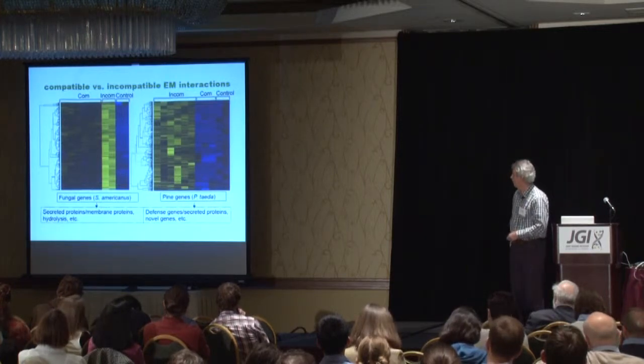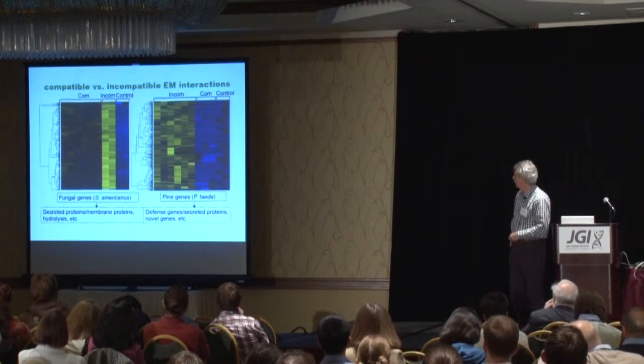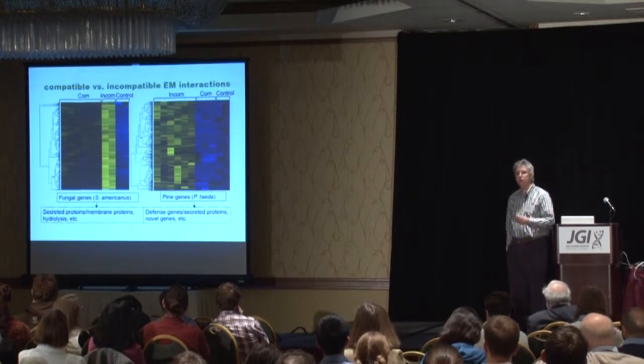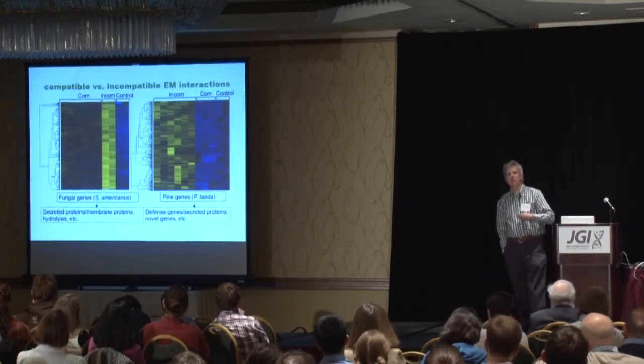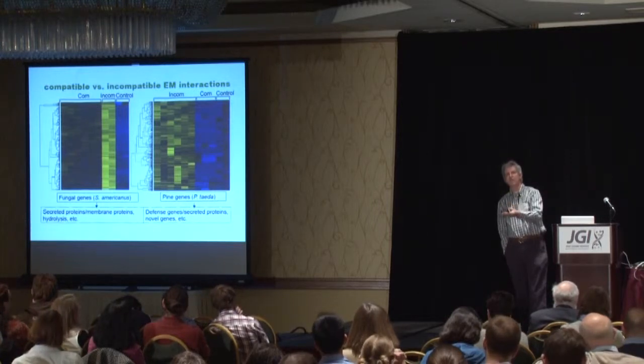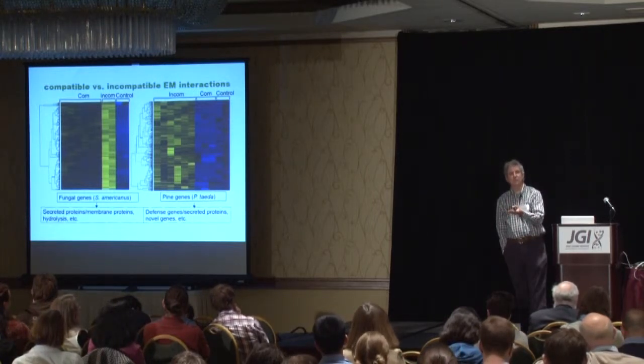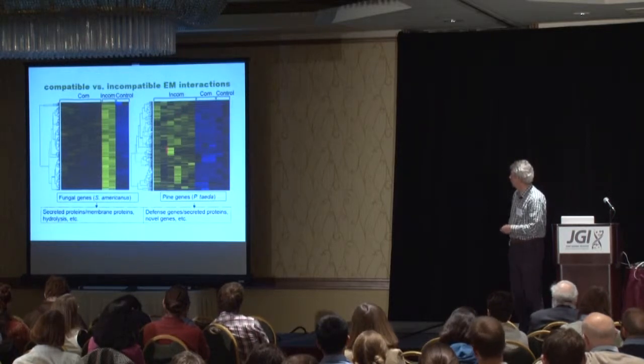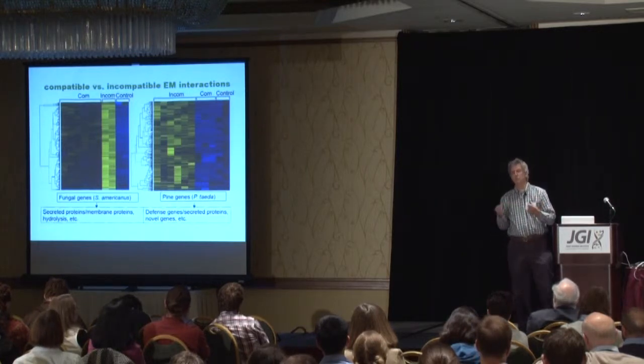In the case of fungal incompatibility, what the fungus is doing here is it's secreting proteins and other effector molecules that are trying to induce a symbiosis, but they're not succeeding. In the case of the plant, the incompatibility response reflects genes involved in plant immunity.